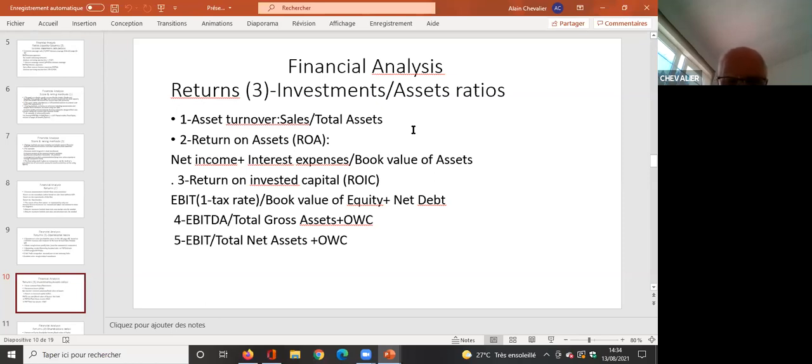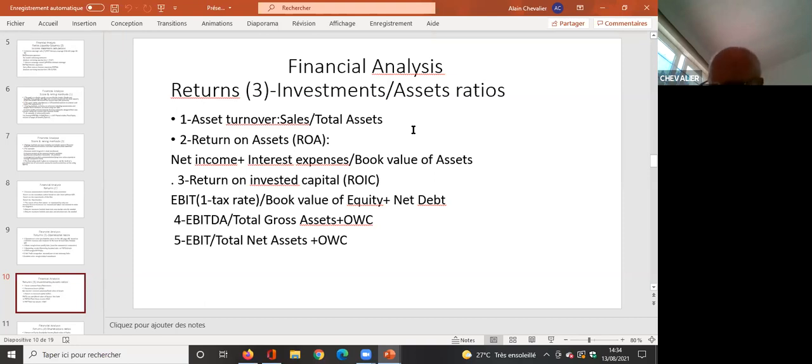And you understand also that this ratio is homogeneous in terms of depreciation and amortization. EBITDA, of course, is before depreciation and amortization, and total gross assets is also homogeneous with the first element in terms of depreciation and amortization.